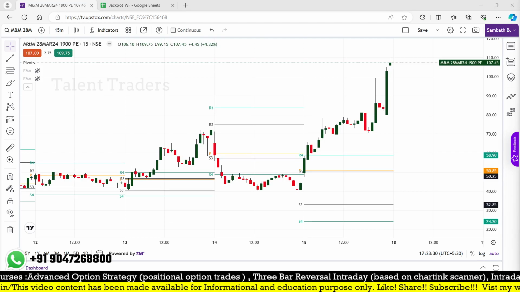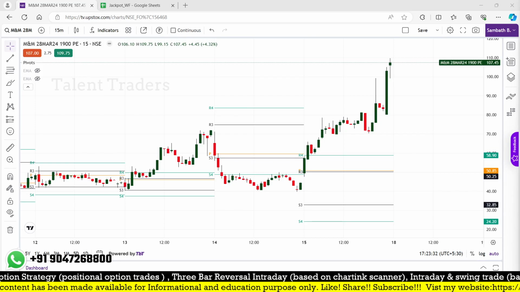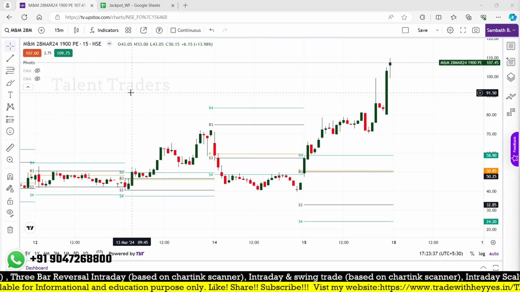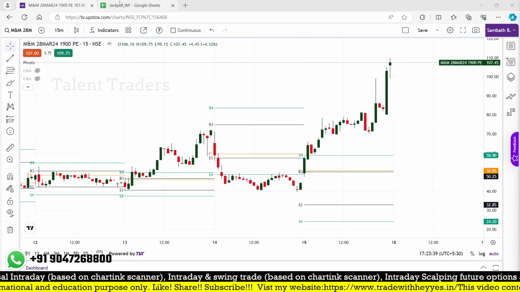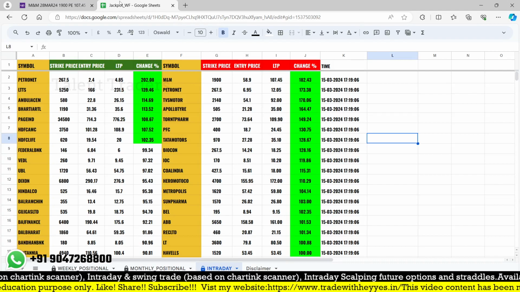Some options gave entries after 9:30, so we found Coal India and a lot of stocks. Some of the stocks triggered our entry.